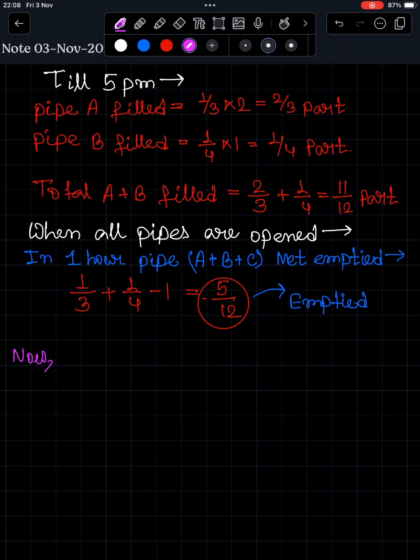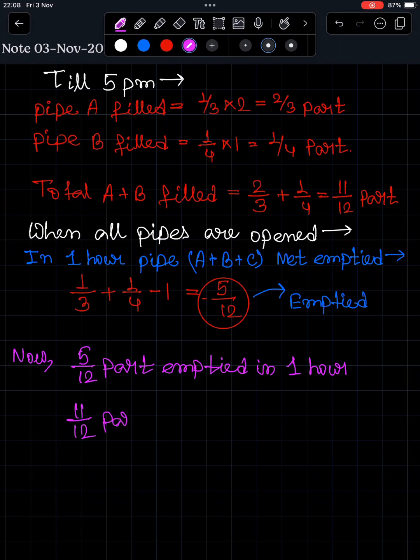Now, 5/12 part is being emptied in 1 hour. We have calculated the capacities of all of the pipes, and according to their capacity, we are noticing that the cistern has been emptying by 5/12 part in 1 hour.